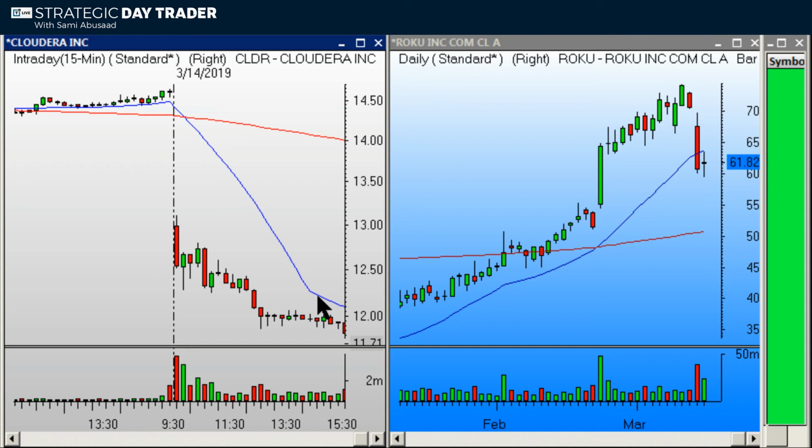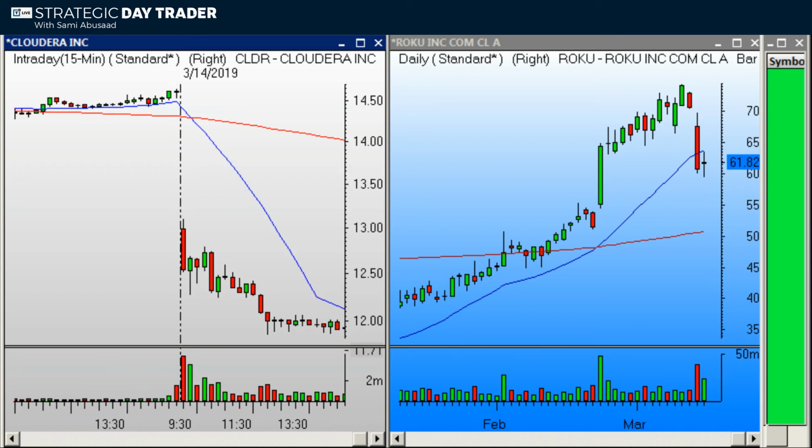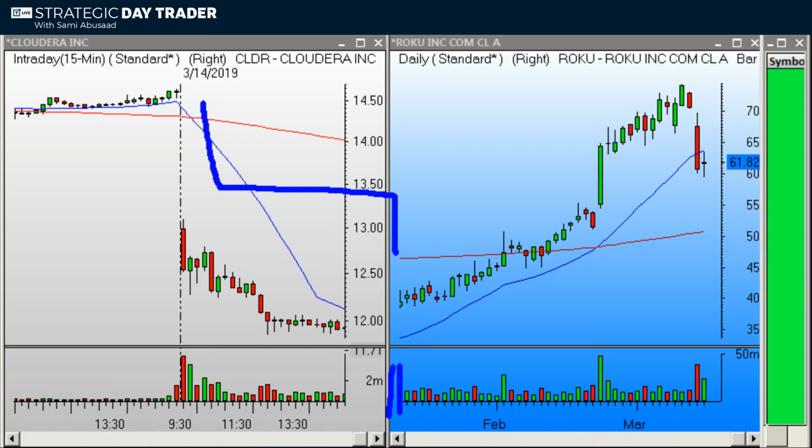Now, it's not totally useless, and let me show you why. If I see a stock breaking down like this one did, but even more on bigger volume, huge volume, and let's say I saw that after the fact and I see that I missed it. Well, guess what? Let's say the stock went back up and gave me a sell setup.